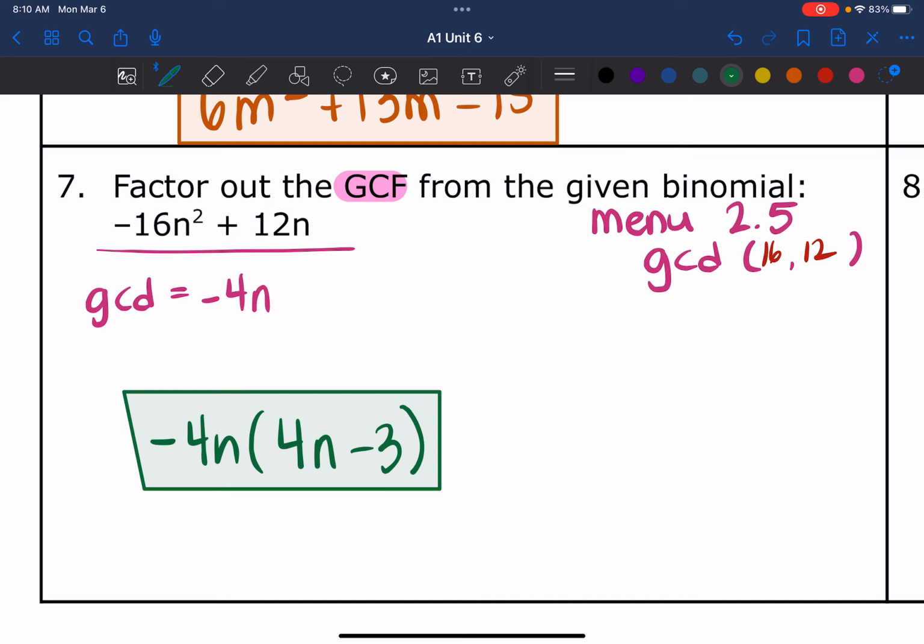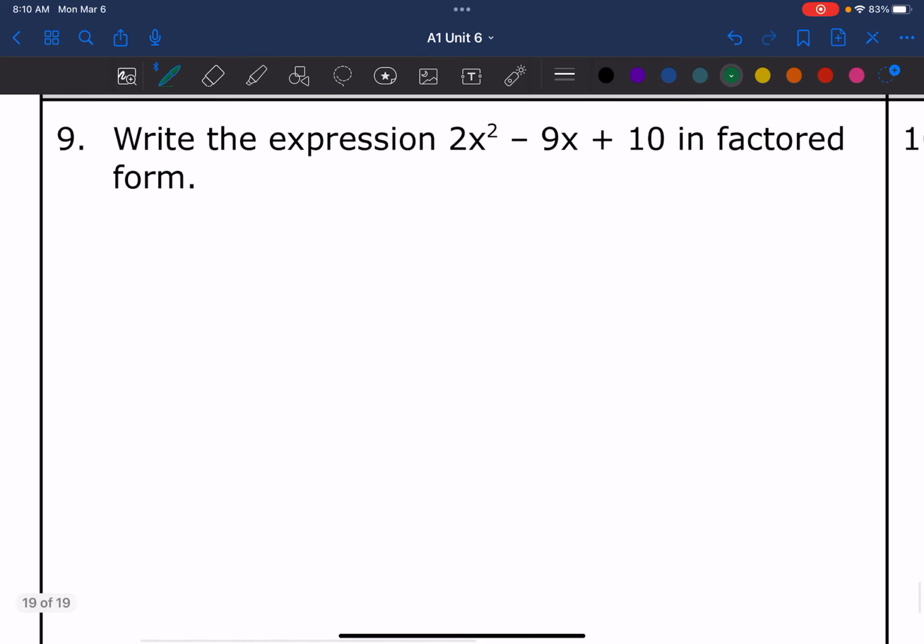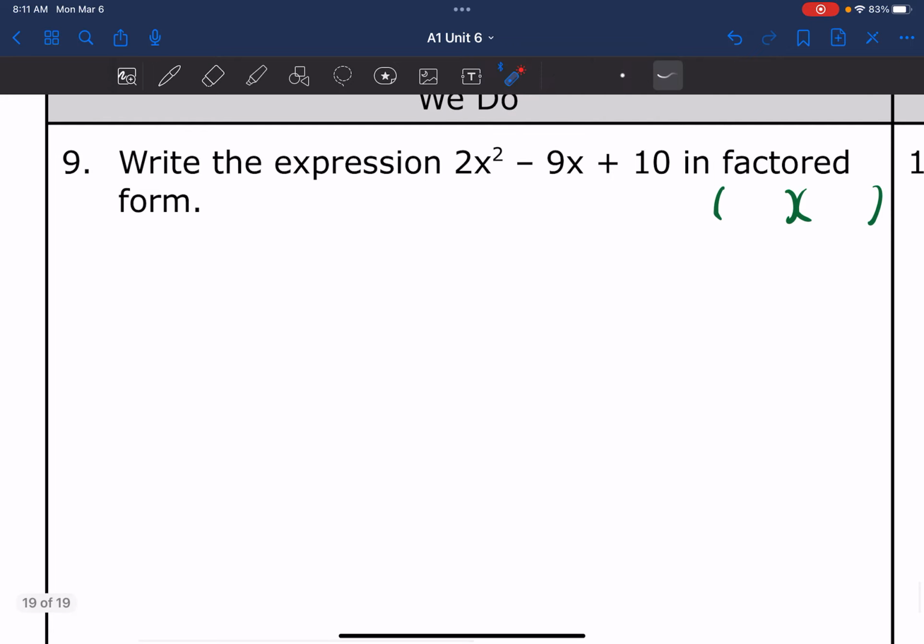Okay, let's turn to the back. Next one, number 9, says write the expression 2x squared minus 9x plus 10 in factored form. Factored form means it wants the two sets of parentheses, just like that, right? But we're going to fill them in to see what needs to go in there. Always check to see if these numbers have a greatest common factor.